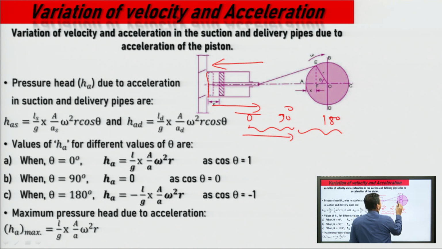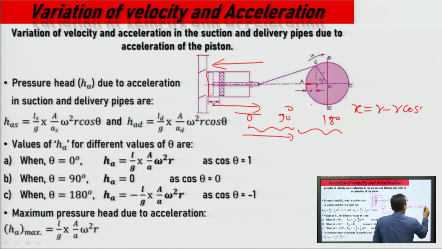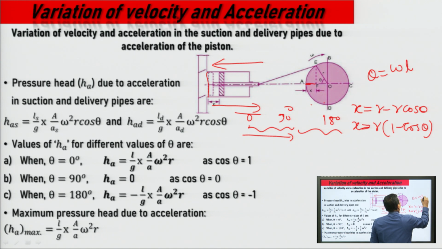Suppose this is x. What is this x? x equals r minus r cos theta, so x equals r(1 minus cos theta). What is theta? Theta equals omega into t.